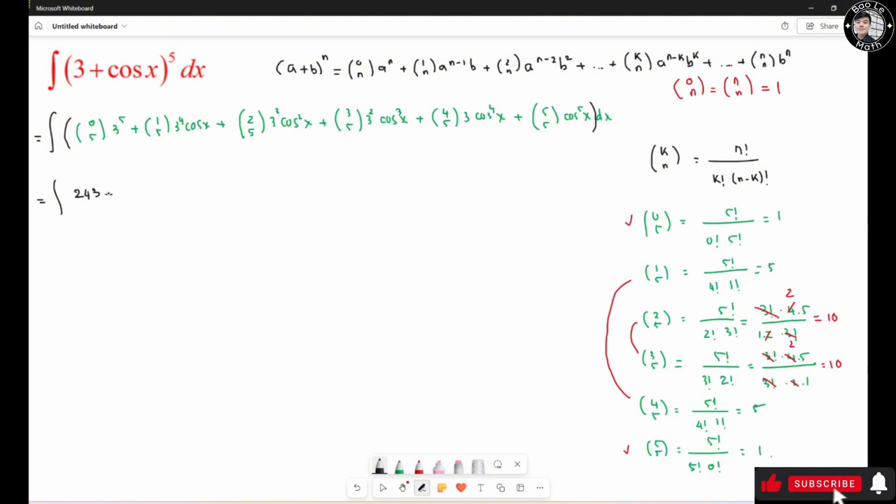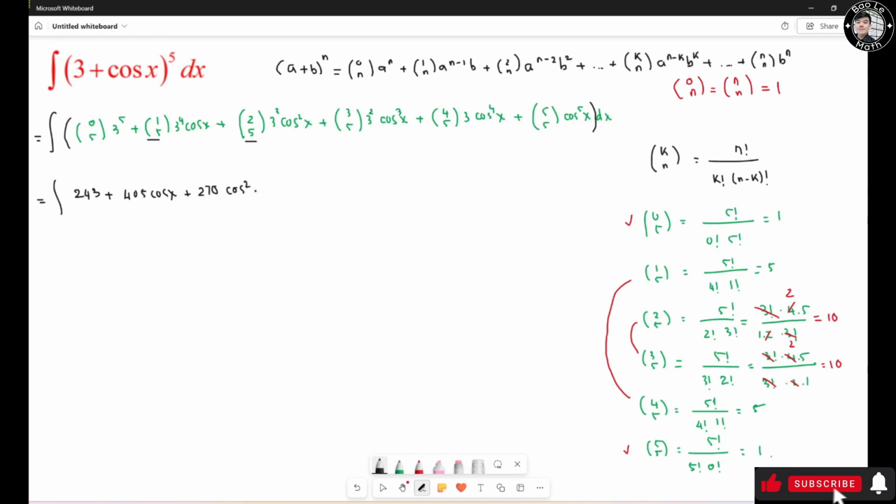3 to the 5th is going to be 243. Plus, this guy right here equals 5, right? 3 to the 4 is going to be 81, right? 81 times 5 is going to be 405 cosine s, right? This guy equals 10, right? 3 cubed equals 27. 27 times 10 is going to be 270, right?